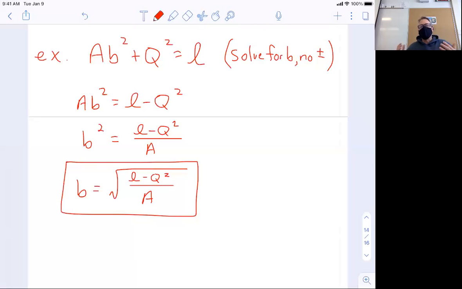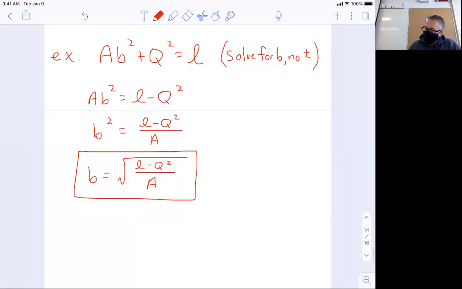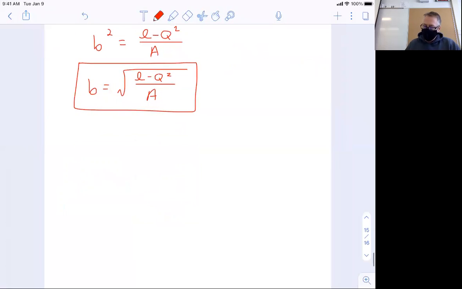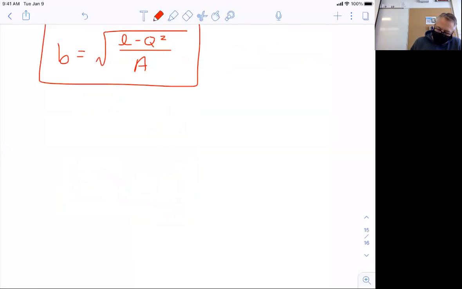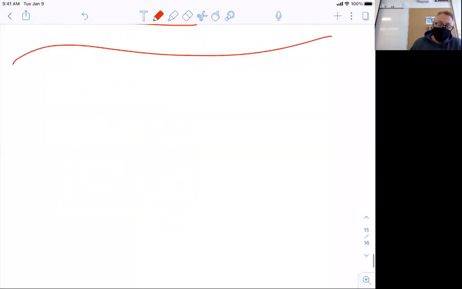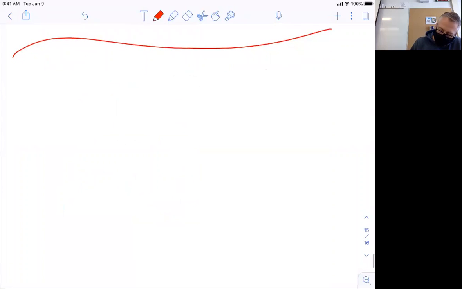All right, so those are literal equations. Next, I'm going to solve some exponential equations. We've done these before, but I just want to bring it back because it obviously fits in our solving equations part.